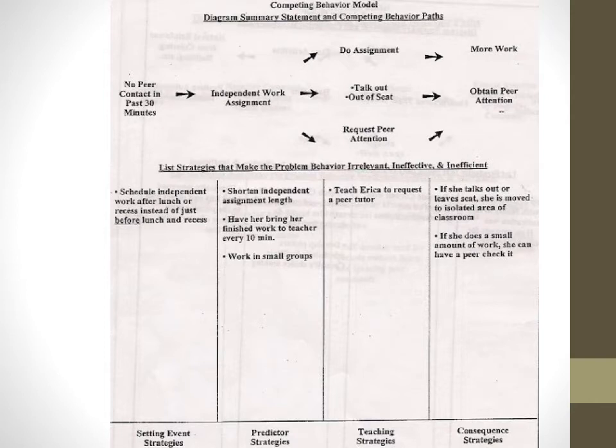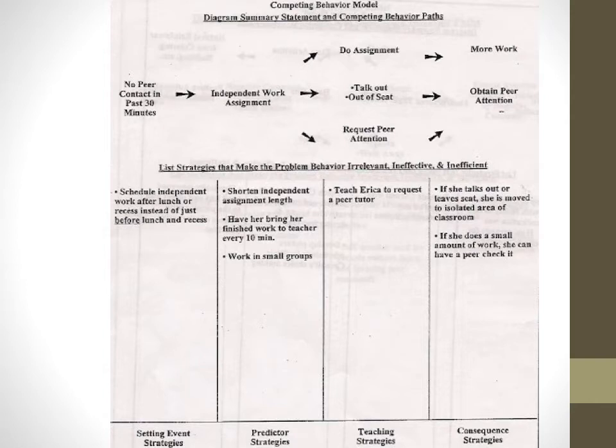For example, priming and prompting, those types of intervention can be used as antecedent intervention because you intervene before the problem behavior occurs. So that can be considered antecedent-based intervention. However, you can just simply alter and change the setting events and antecedents.